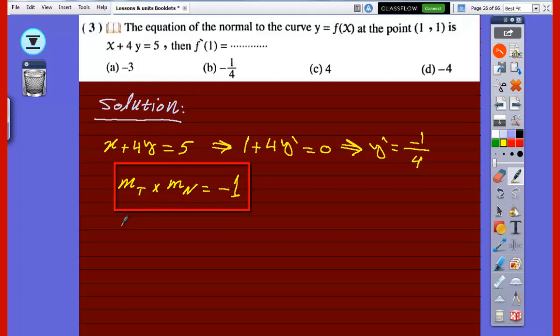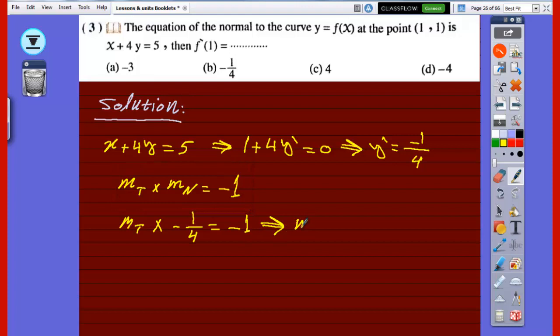So the slope of the tangent multiplied by negative 1 over 4 equals negative 1. It means the slope of the tangent equals positive 4, negative 1 divided by negative 1 over 4.